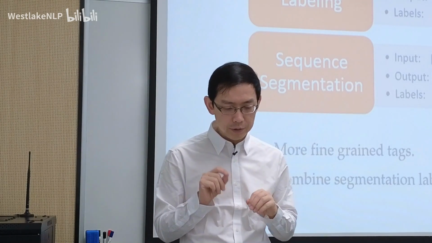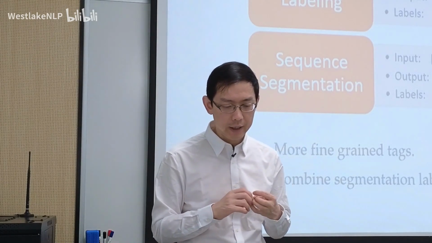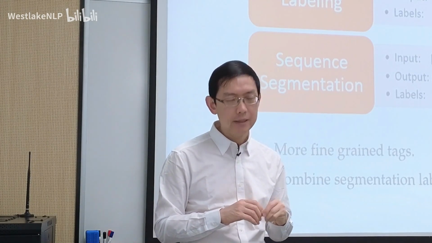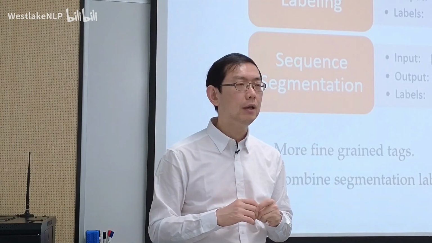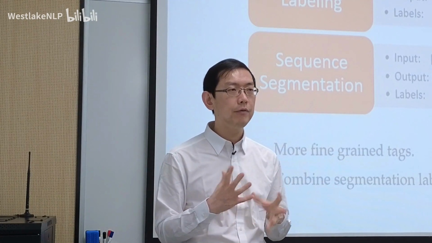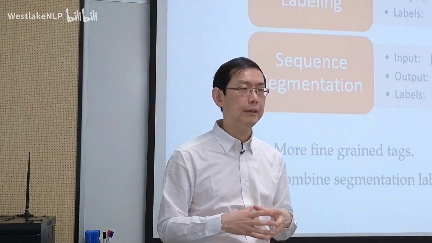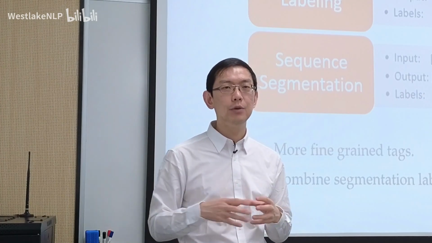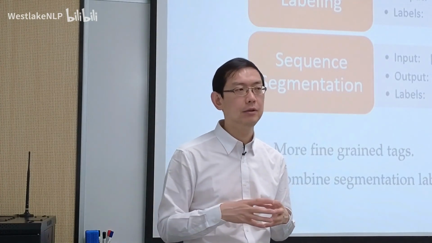And if you take a closer look at the B, I labels, they're attached with another label, which you know are syntactic categories, where VP means verb phrase, okay? So this is unique to the syntactic chunking task, okay?